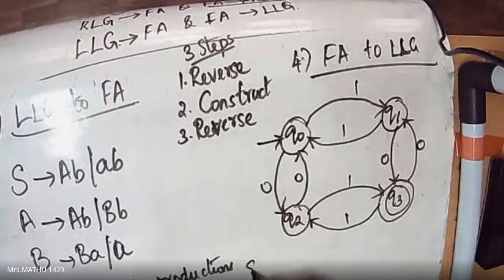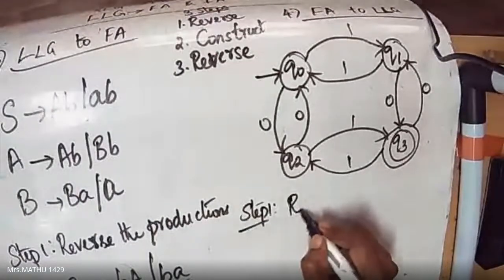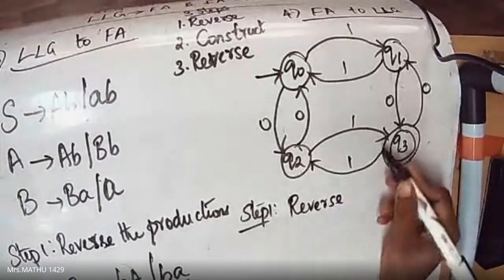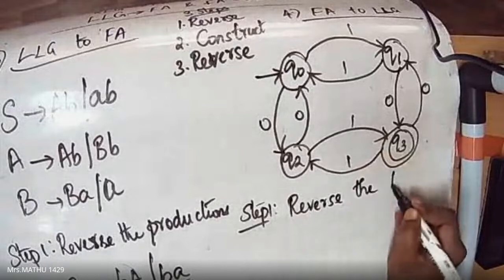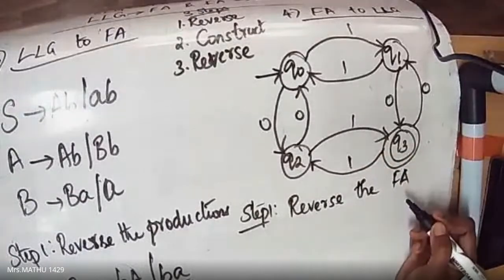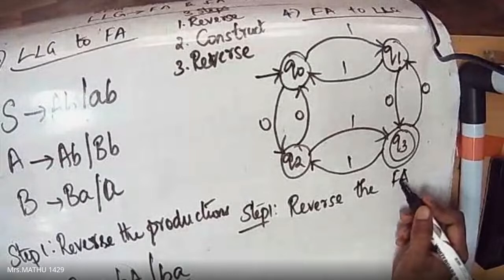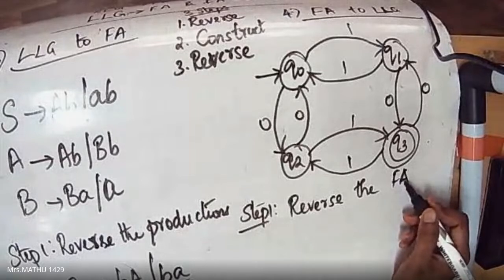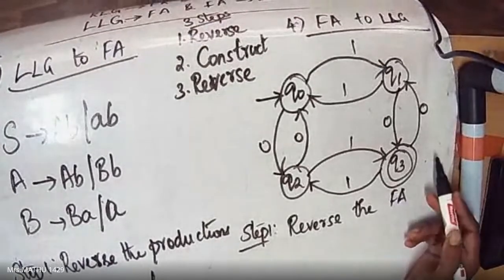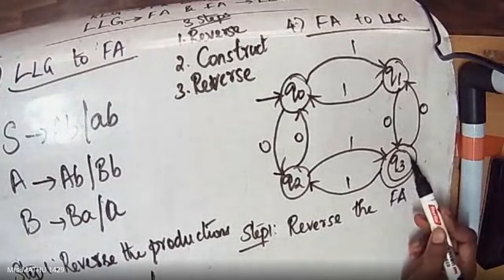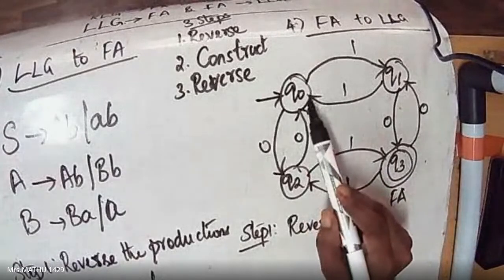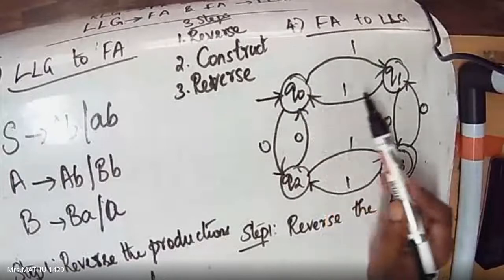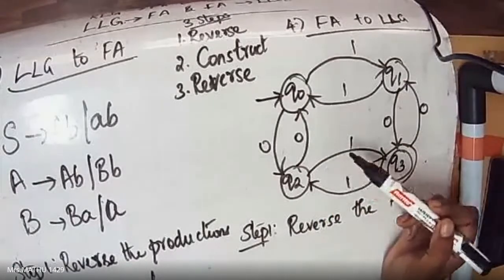So again, the first step to convert this is that we want to reverse it. What do we have to reverse? The given finite automata. Reverse the finite automata. How do we reverse it? The final state will be converted into the initial state, the initial state will be converted into the final state, and all the edges have to be reversed.